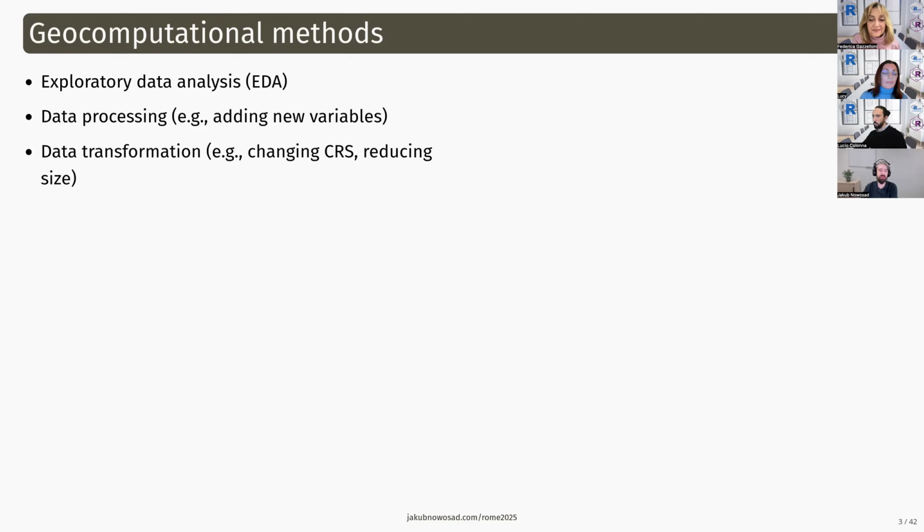It includes, for example, changing projections. So we could find data with different projections, so we want to unify them or move them into a projection of our choice. A very special part of those geocomputational methods is visualization. So in short, making maps. And it's November, there's this 30 Day Map Challenge.